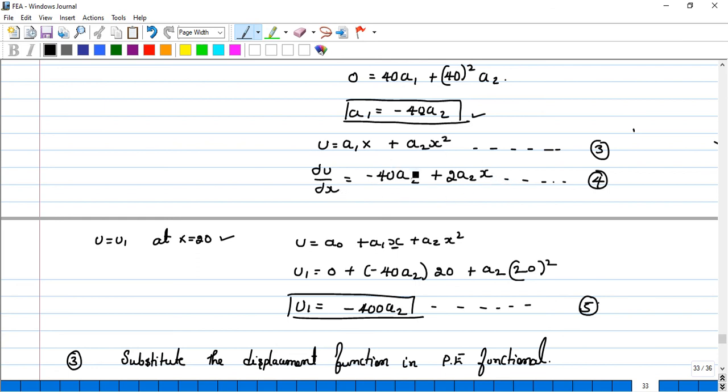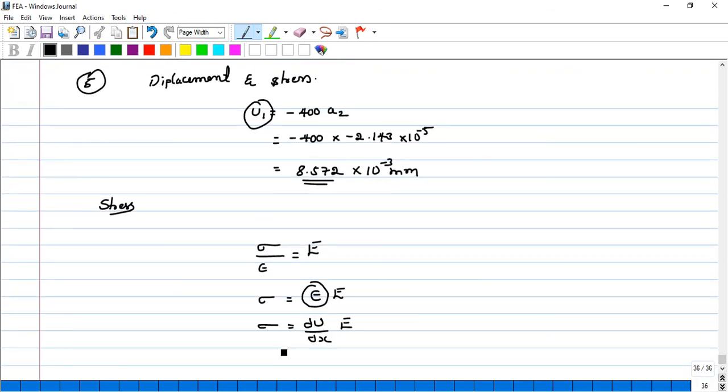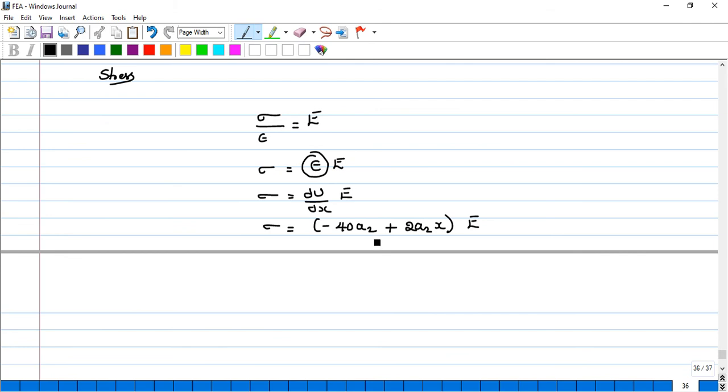So let me substitute this minus 40A2 plus 2A2X in this equation, that is sigma is equal to minus 40A2 plus 2A2X multiplied by E. I know the value of A2, as well as the value of X. X will be different.